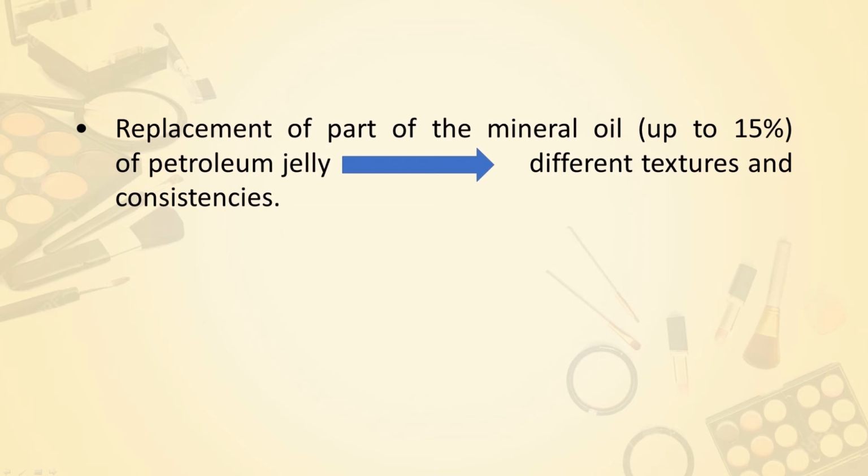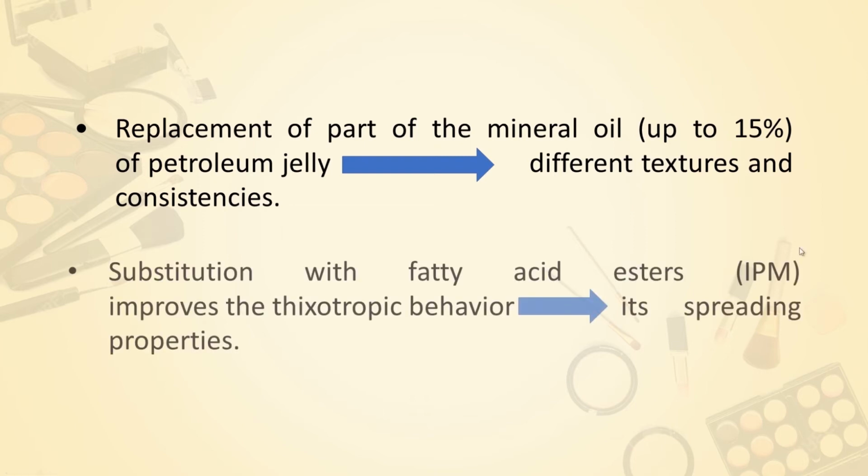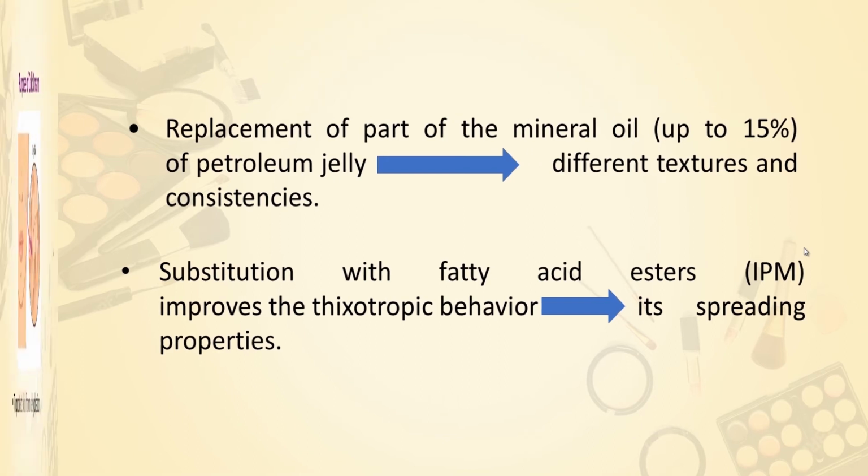Replacement of part of the mineral oil with up to 15% of petroleum jelly can be used to produce different textures and consistencies of cream. Further, substitution with a fatty acid ester such as isopropyl myristate improves the thixotropic behavior of the cream, and it overall improves the spreading property of a cold cream.